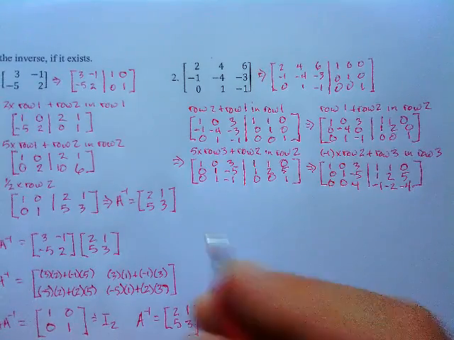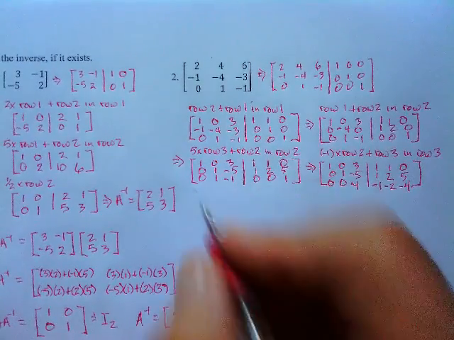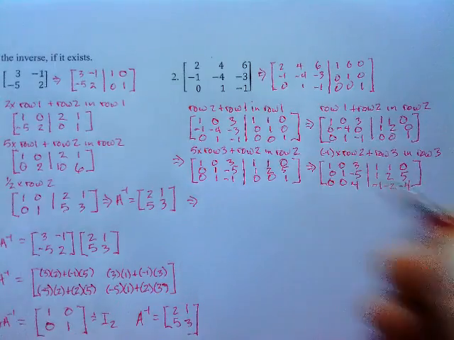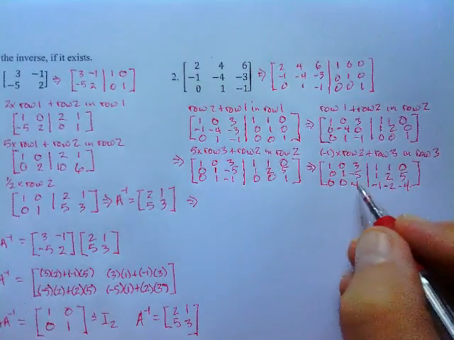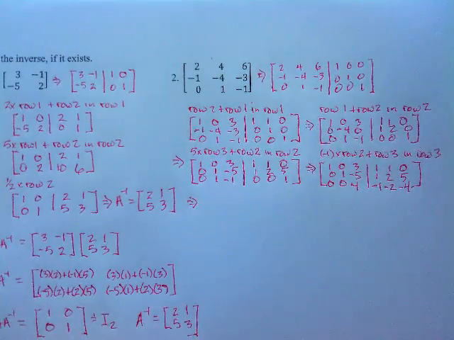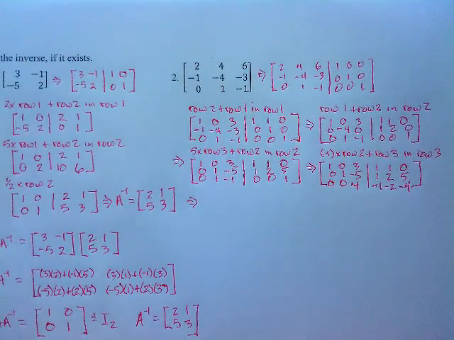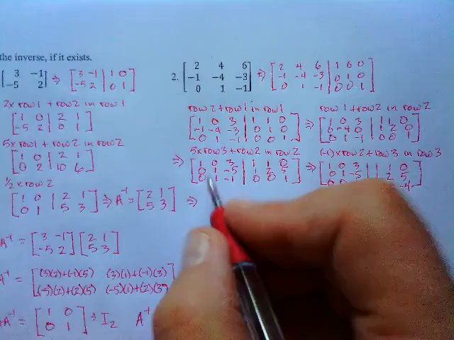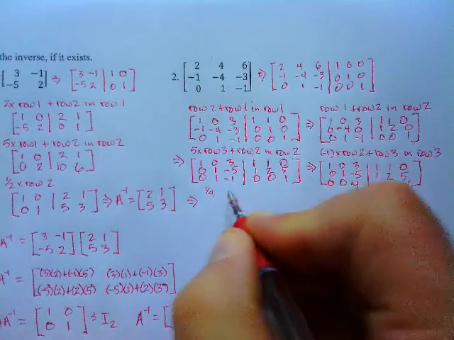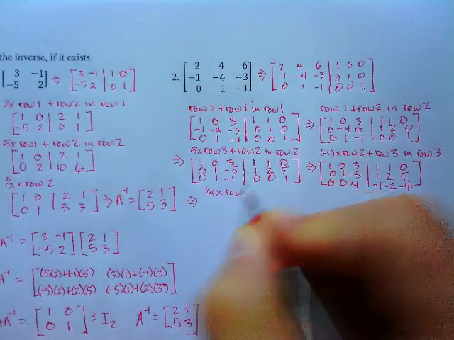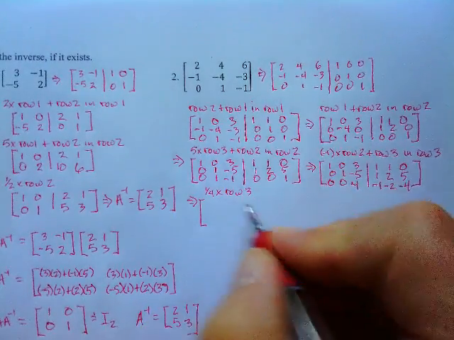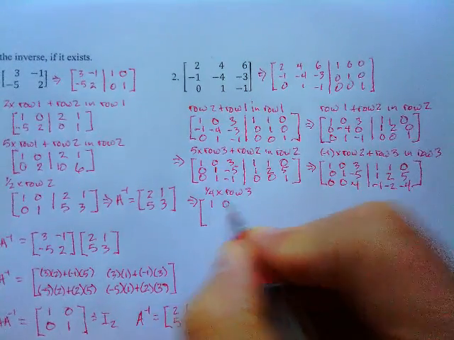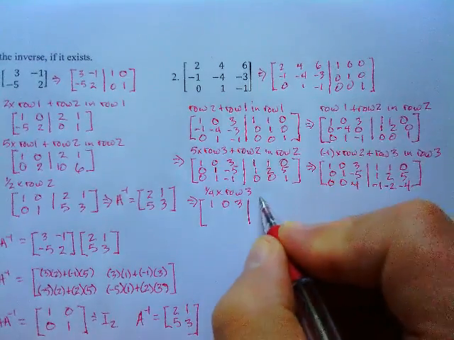All right, so in this case, I'm going to go from here now. And I want a 1 there. So I'm going to divide everybody by 4. So 1/4 times row 3. Row 1 doesn't change.